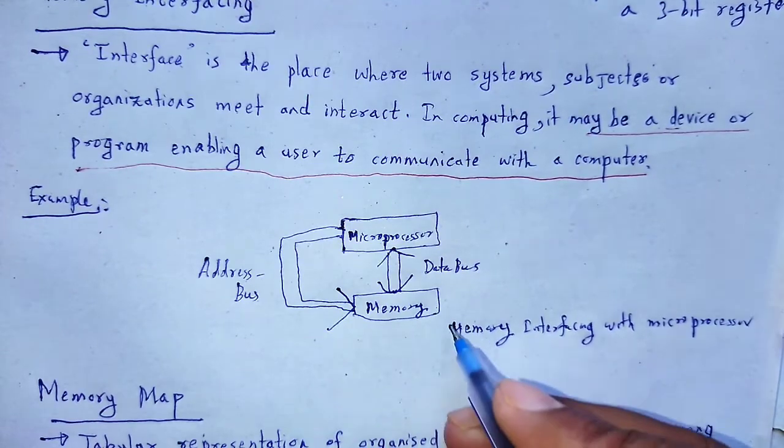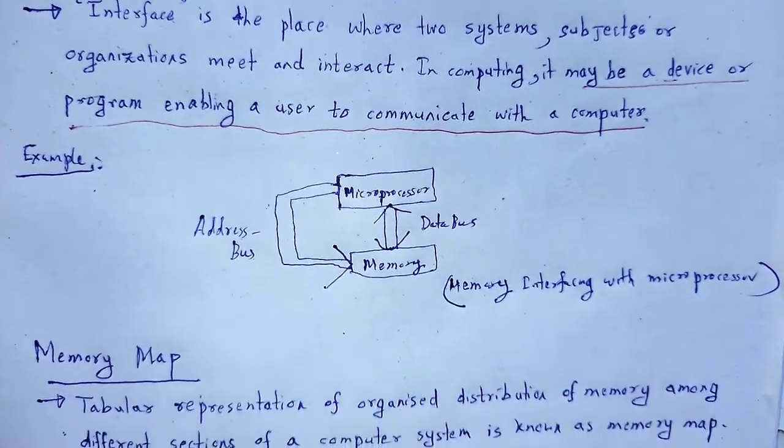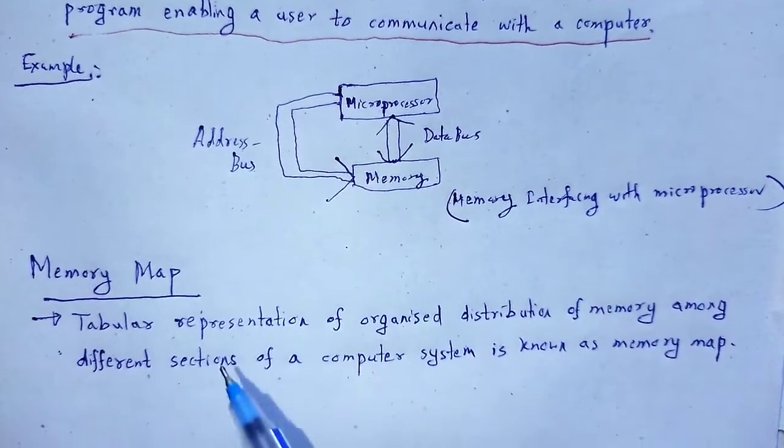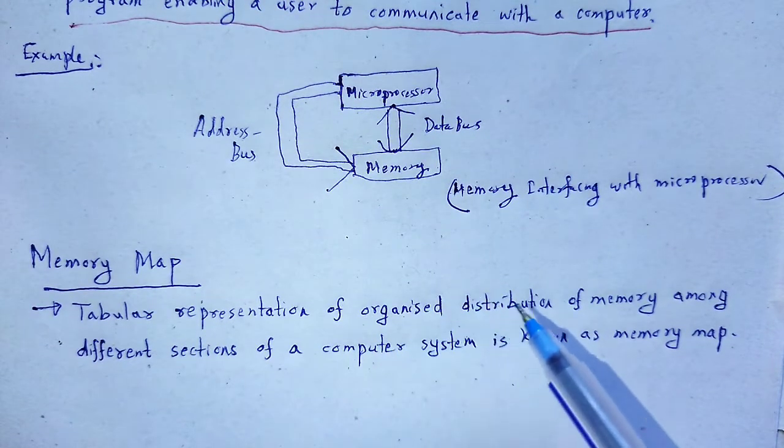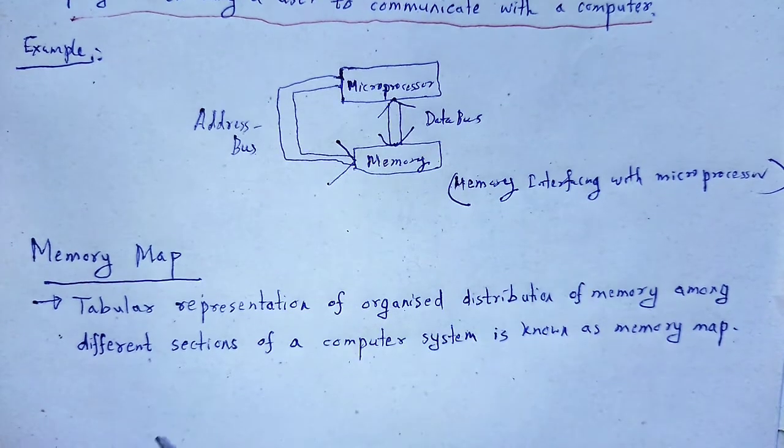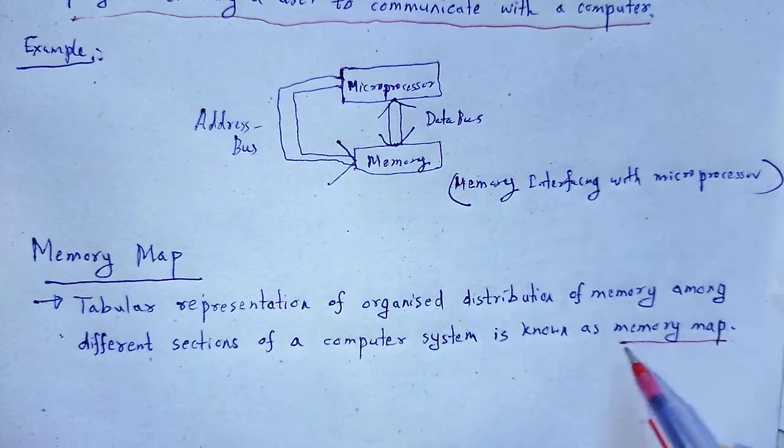Next, memory mapping. The tabular representation of the organized distribution of memory among different sections of a computer system is known as a memory map.